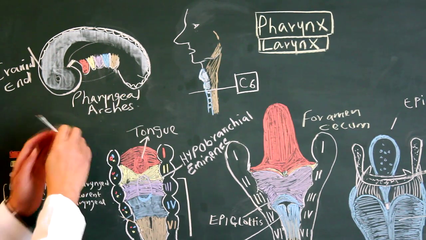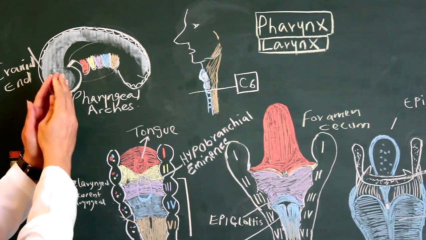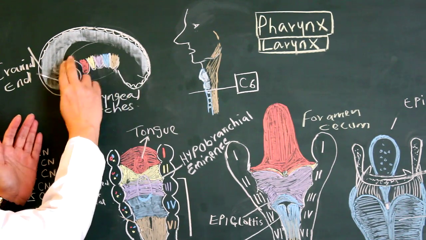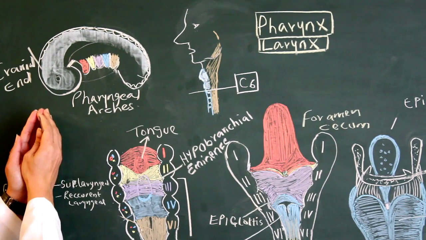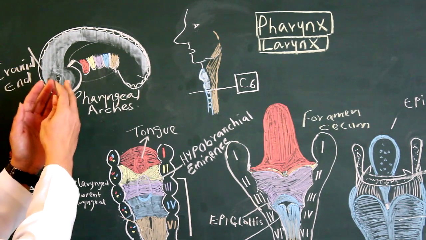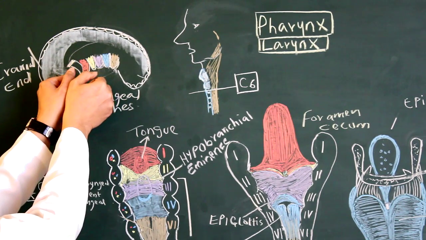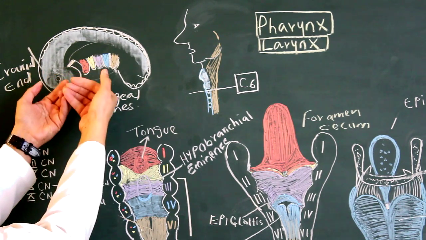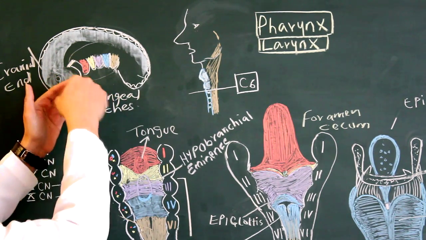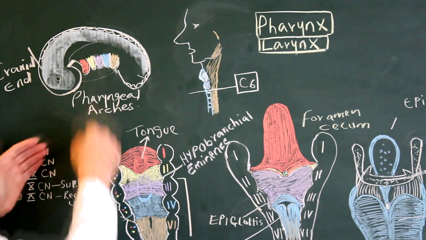And then if you cut open the wall of the pharynx, which is the first part of the gut tube, through which these bulges are coming out on either side like these, you will be able to see that every arch has a pouch as well.